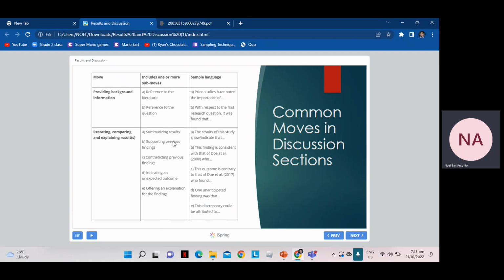For example, this finding is consistent with that of Doe et al. in 2000. Okay? So, ibig sabihin, you will have to look at your review of related literature in chapter 2 of your thesis.